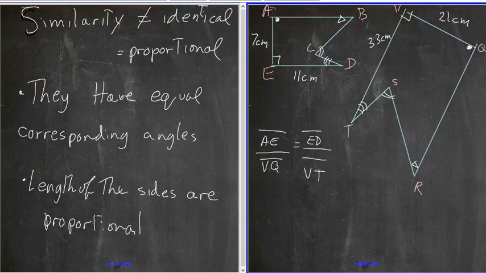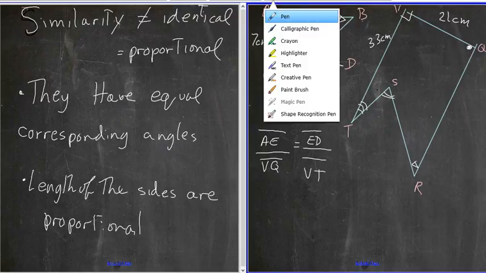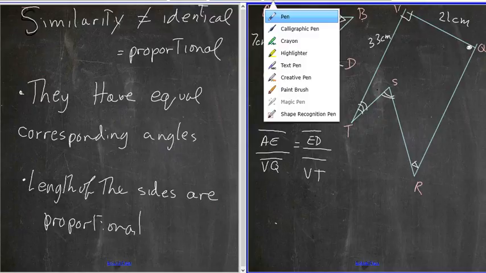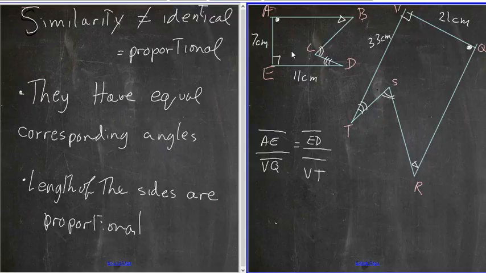So what I'm looking at here is this line and this line being proportional, and this line being proportional.